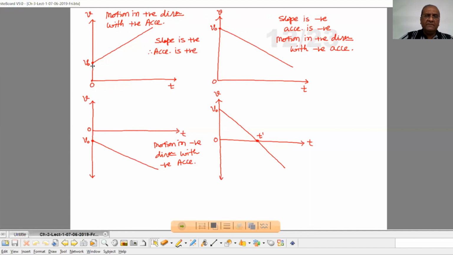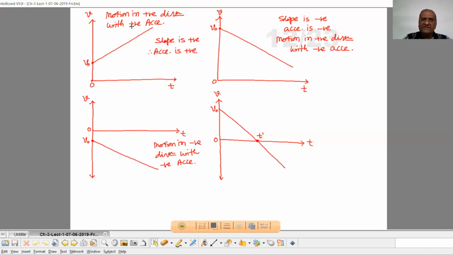So first one, that is the straight line moving upward. The slope of this graph will be positive. So we can say the motion of the particle is in positive direction with positive acceleration, because this graph is in the first quadrant, it is in positive direction.